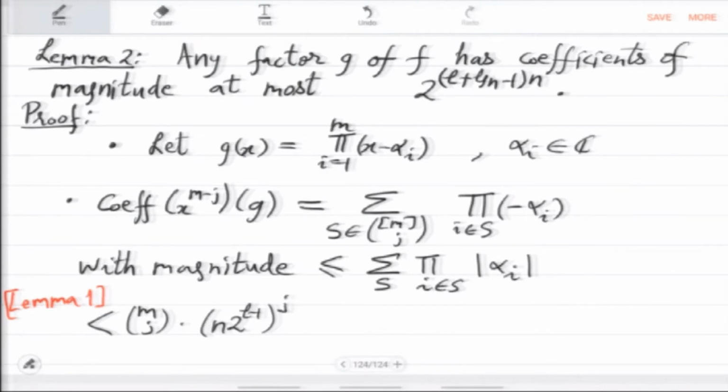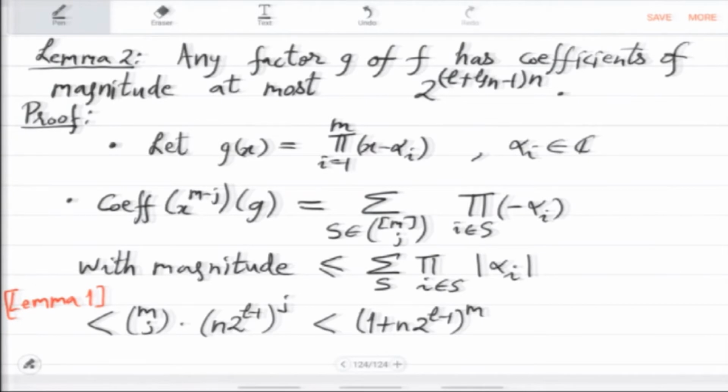This is true for every j, and each of these terms will be smaller than this, with j going from 0 to m. That is the upper bound, by the binomial expansion.